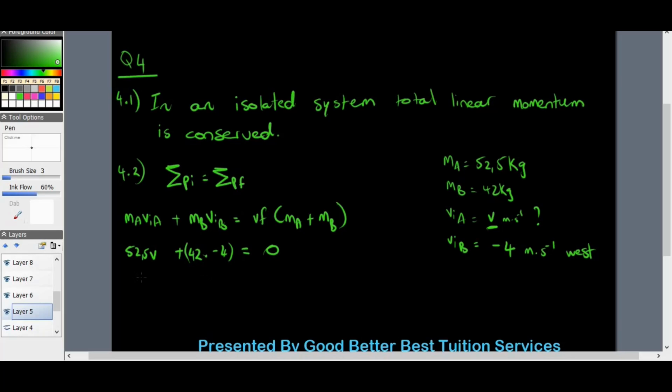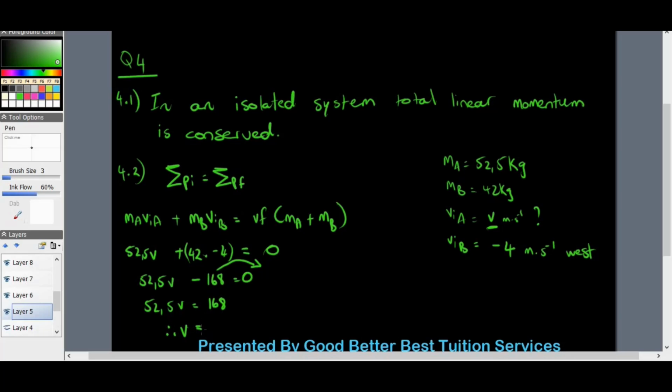We put that in our calculator. We have 52.5 v minus 168 equals 0. We end up with 52.5 v is equal to, we take this over here, and then we end up with positive 168. We're going to divide both sides by 52.5. Like I said, I'm sure you all know how to do an equation.